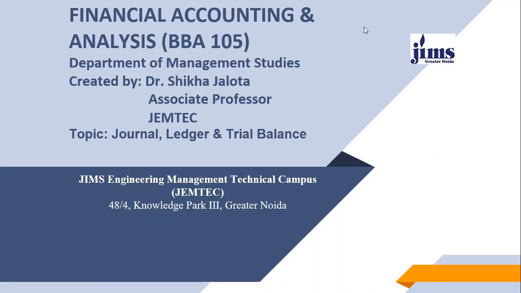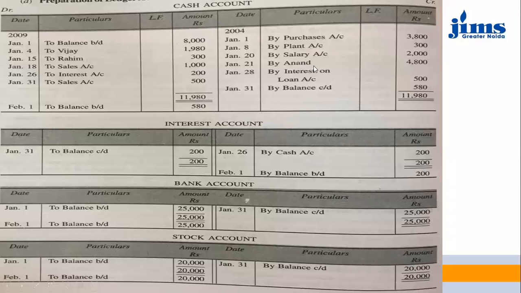So let's take up the question. This is the question that we have done for the ledger accounts. In the previous lecture, we did everything up to posting all the journal entries in their respective ledger accounts. After making all the postings, there is a last step that needs to be followed in finalizing the ledger accounts, and that is balancing of the account.